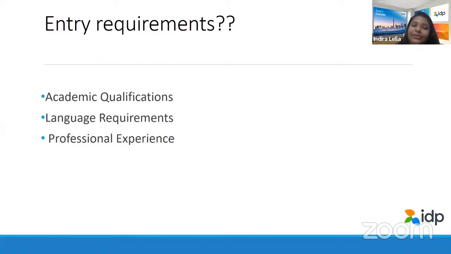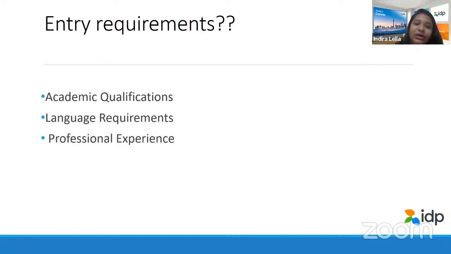Okay. And apart from the academic requirements, obviously we have something called the language requirement. Though our education system is completely in English, you still have to prove your language proficiency to the Canadian embassy or to the Canadian college, because our official language is still not English, right? So you have to take your language proficiency examinations.